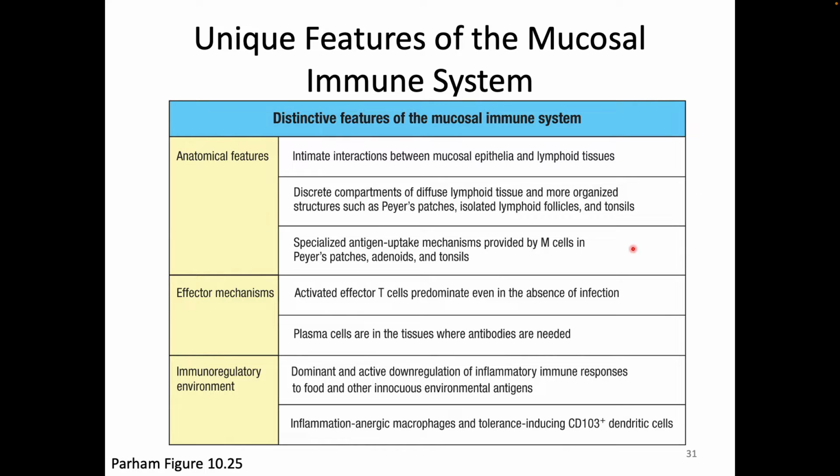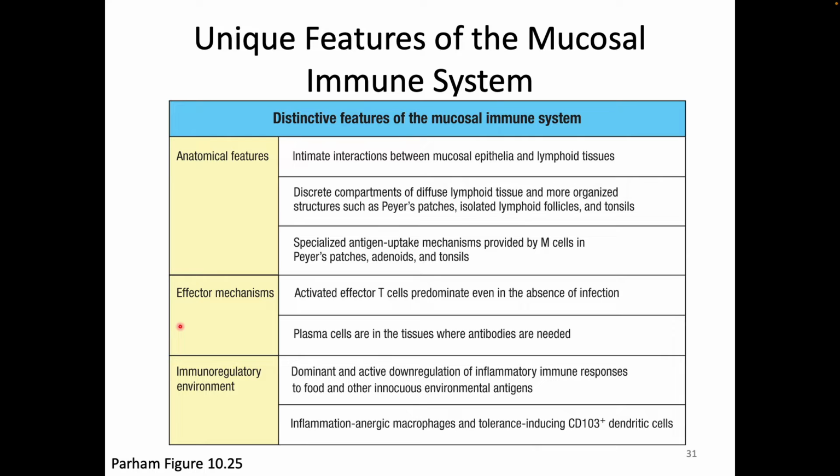It's not clearly labeled as either one here, and I think that six of one, half a dozen of the other could be some of either. But there are also some other types of anatomical features that we'll see, as well as some different types of effector mechanisms and some other unique features of the environment. And I'm going to show you some examples of each of these things in a mucosal immune response.